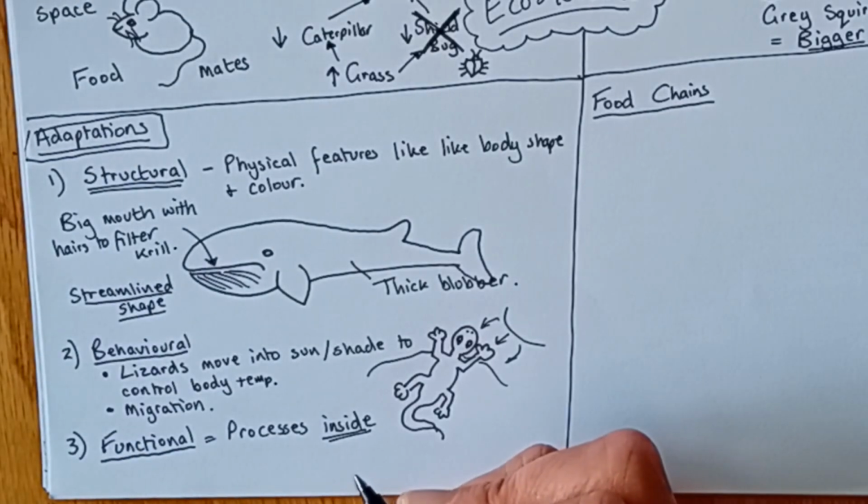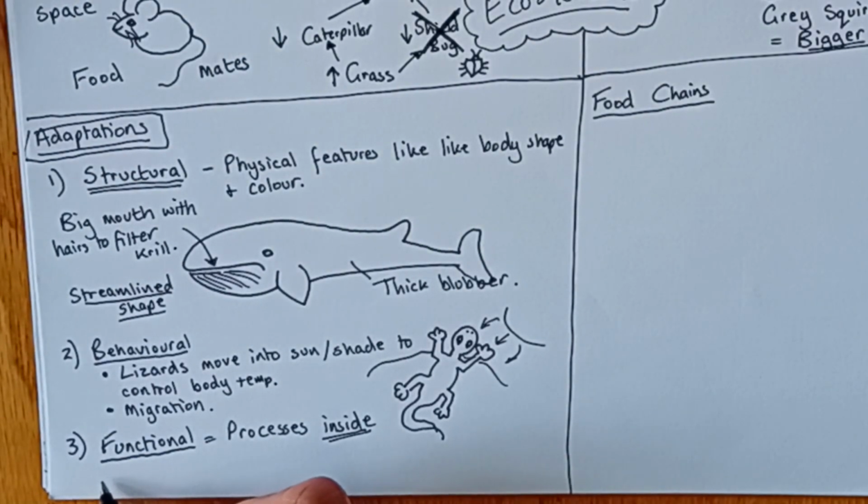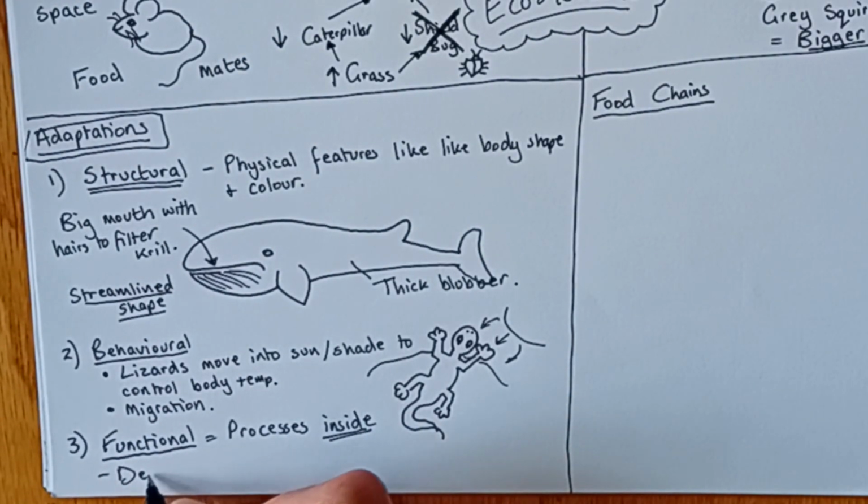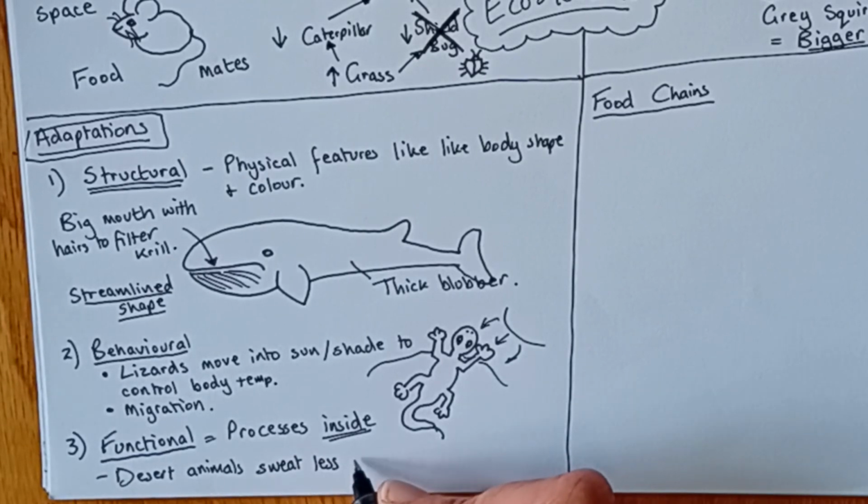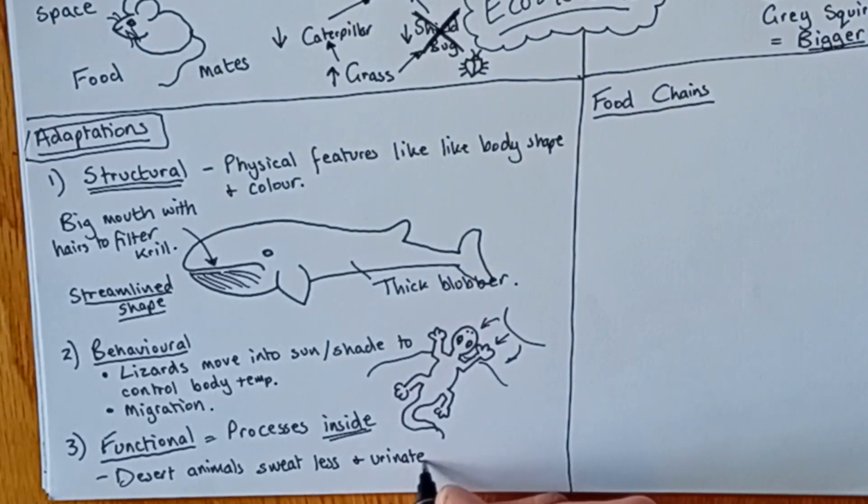So for example, desert animals sweat less and make less urine to reduce water loss.